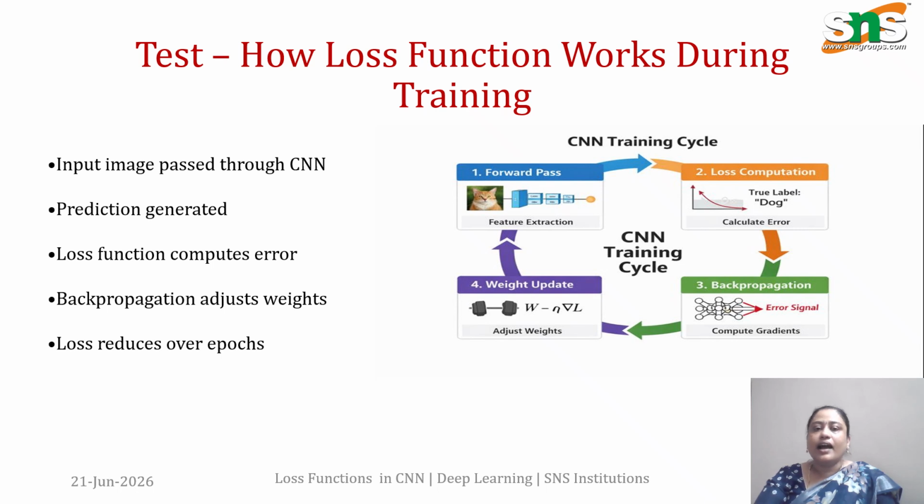Now let's see how these loss functions work during training. As we all know, convolutional neural networks take an image as input. Here we are going to send a cat image into the CNN for training.